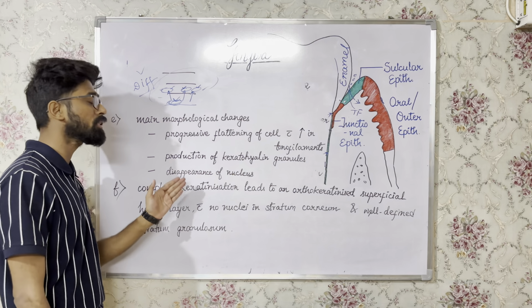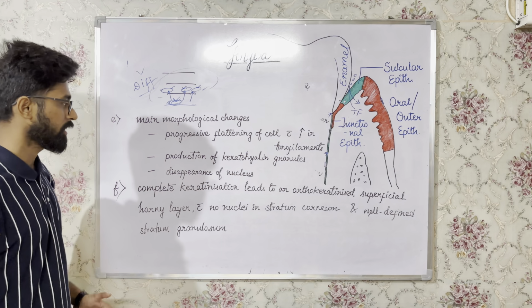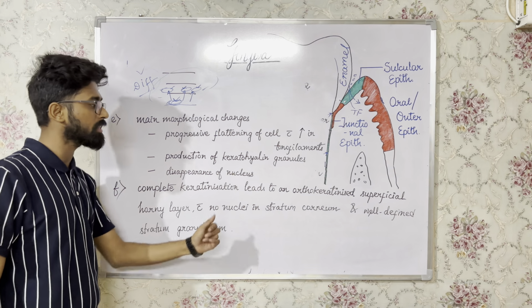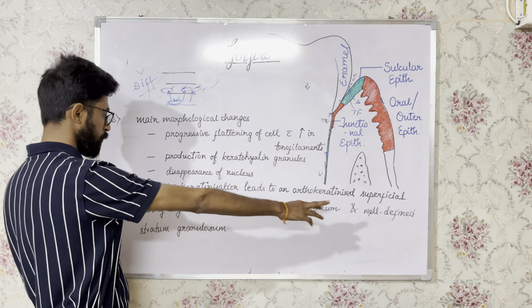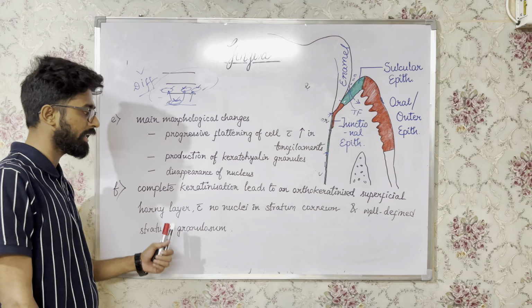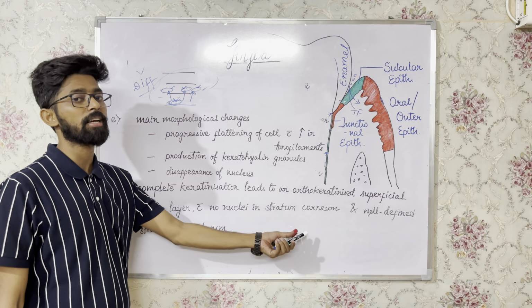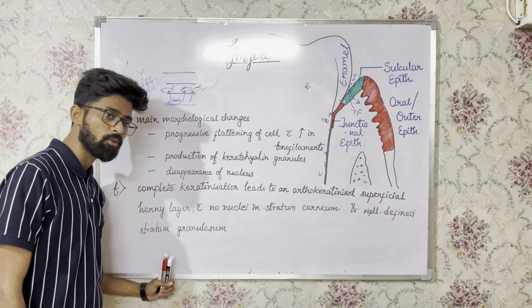Okay, and the third is progressive disappearance of the nucleus. Right? So after complete keratinization, what happens? It leads to the production of an orthokeratinized superficial horny layer. Okay, orthokeratinized superficial horny layer with no nuclei in the stratum corneum. In the topmost layer, there will be no nuclei and well-defined stratum granulosum.